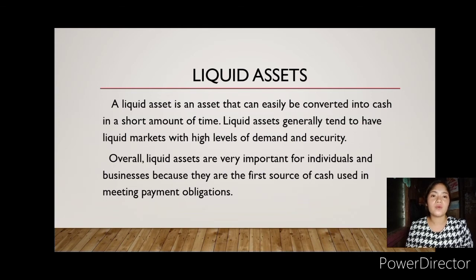Liquid assets are often viewed as cash and likewise may be called cash equivalents because the owner is confident the assets can easily be exchanged for cash at any time. So overall, liquid assets are very important for individuals and businesses because they are the first source of cash used in meeting payment obligations.